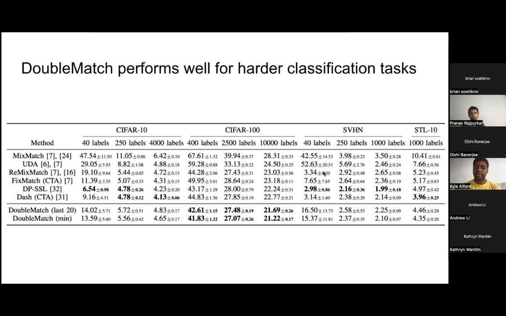And similarly for SVHN, just like CIFAR 10, it didn't really achieve state-of-the-art error rates. Oh, and then also one more thing, the difference between these two: the DoubleMatch here, last 20, is just taking the median error rate across the last 20 training evaluations, or the last 20 steps, whereas this is just the minimum throughout the entire training process.